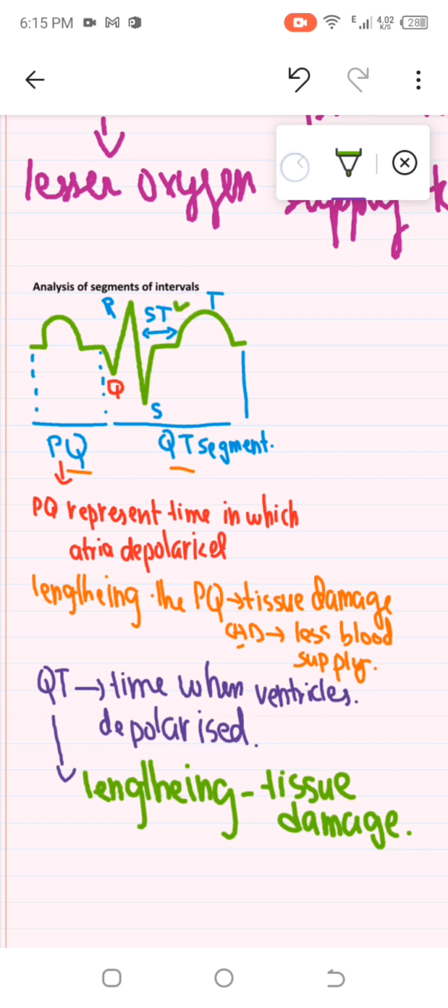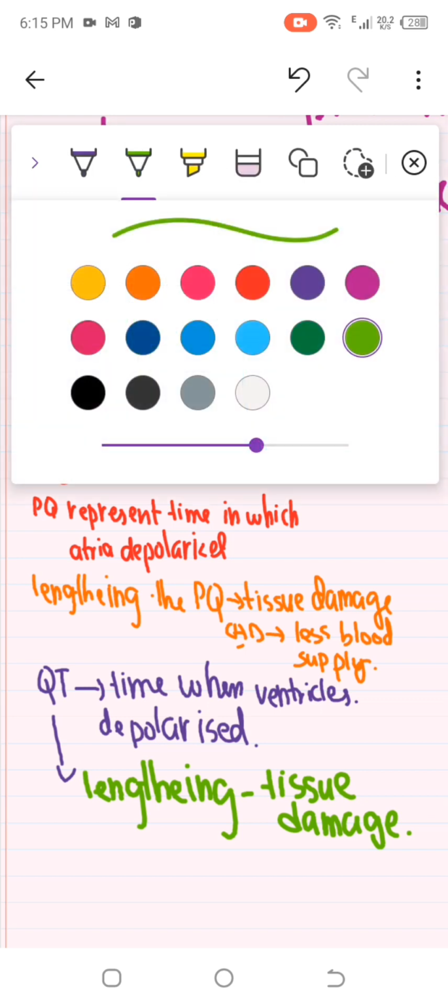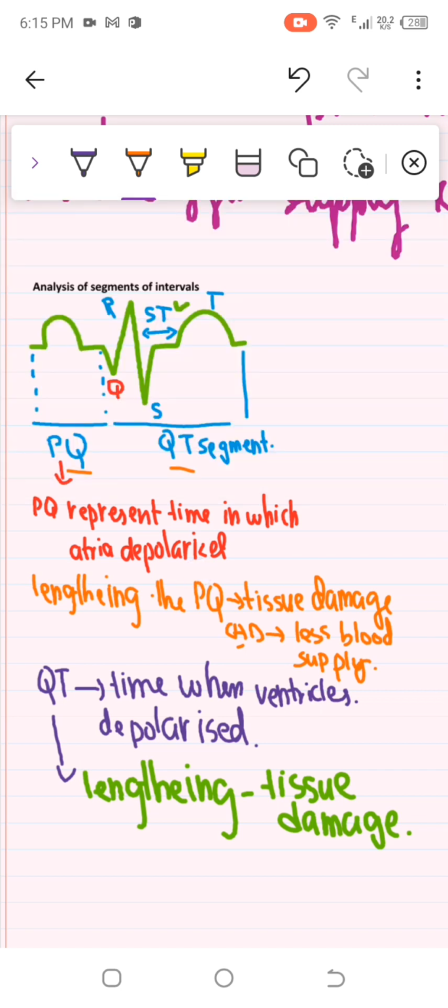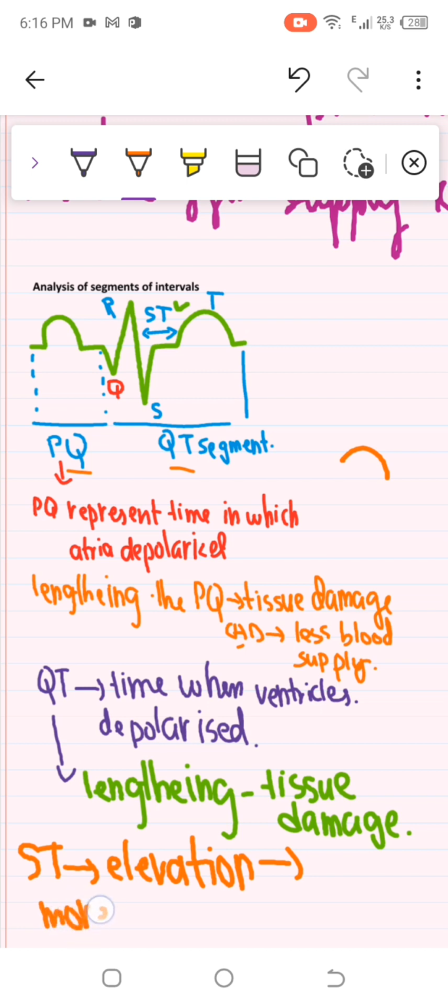After that, this is the ST segment. So now let's talk about the ST segment. If the ST segment is elevated, it becomes more like this. This means more chances of heart attack.